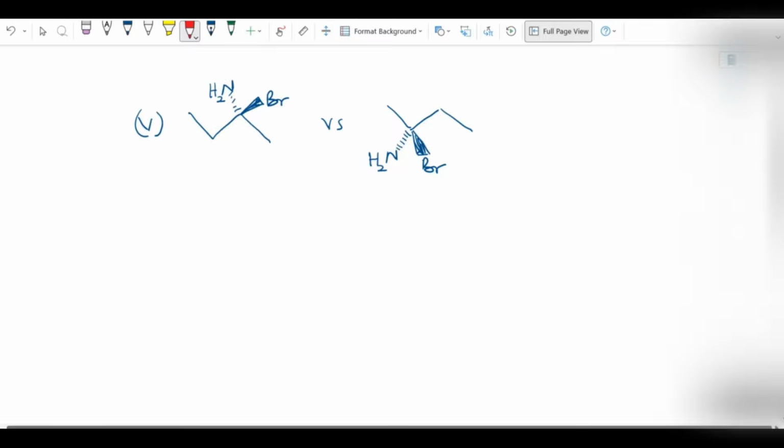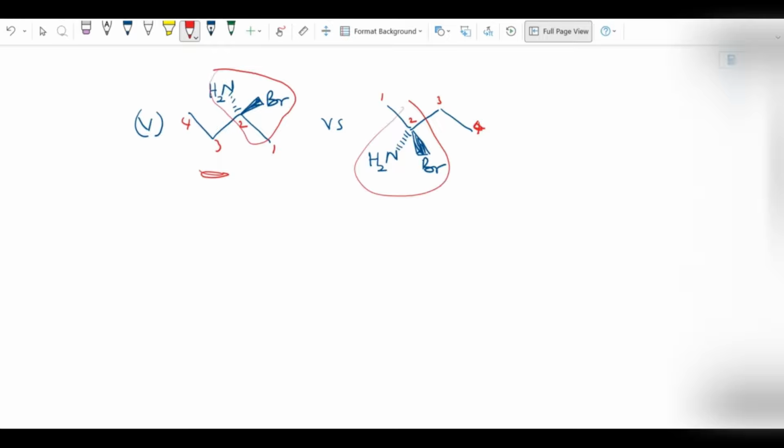To determine the relationship between these two compounds, let's start by numbering the main chain. Always number the same way. The way you number the compound on the left, you should do the same for the compound on the right. Because I start numbering from the end that is closer to the substituent, I have to do the same in this other compound.